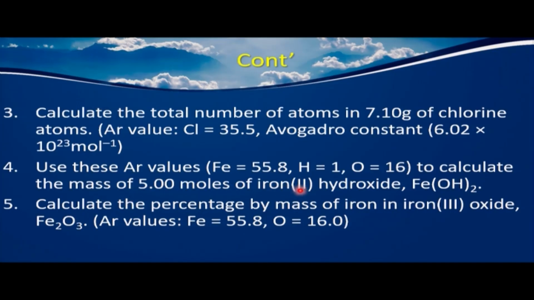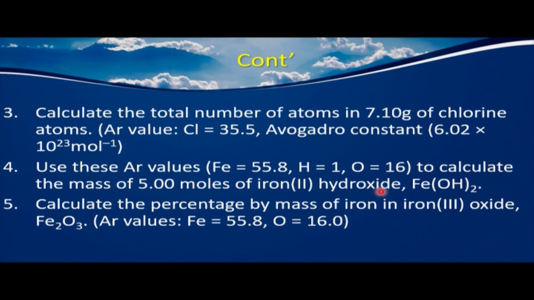5 moles of this compound. So with the number of moles and the molar mass that we have already calculated, what do we get? We get 89.8 grams per mole times 5 mole. And what do we get?